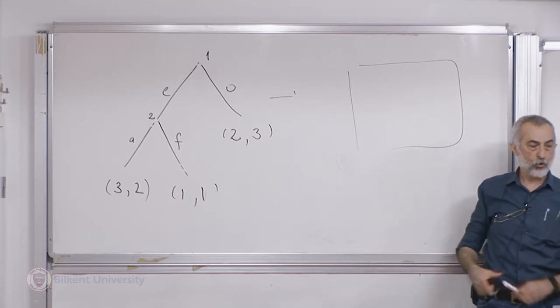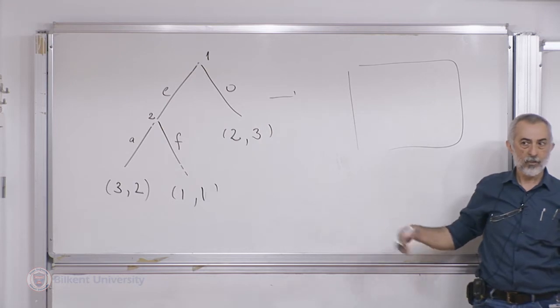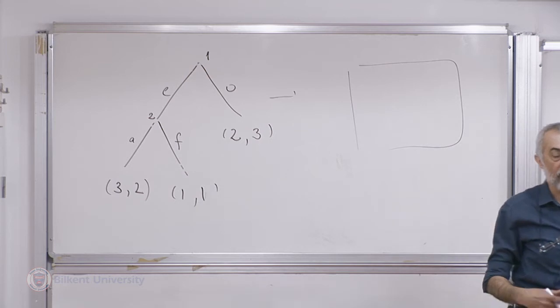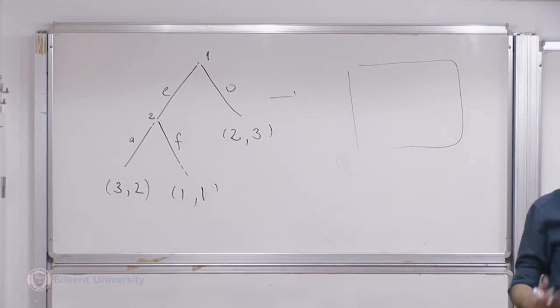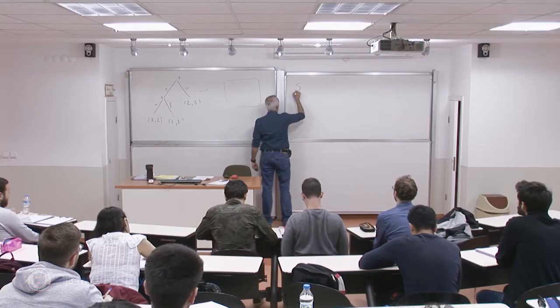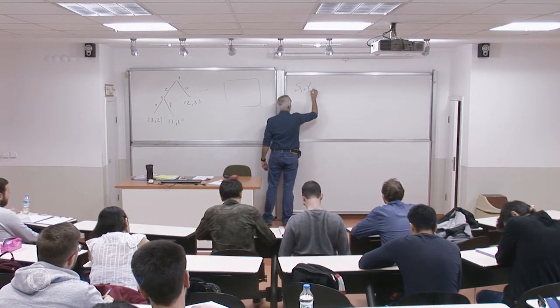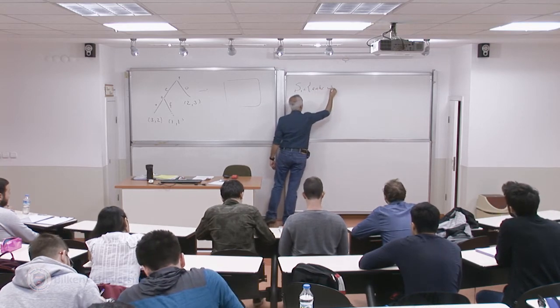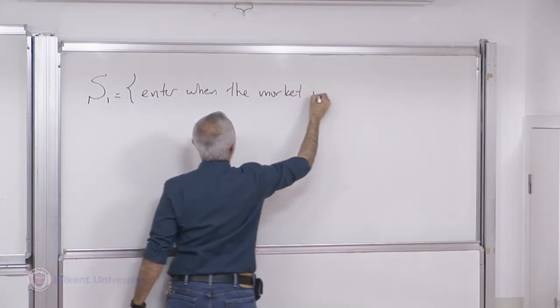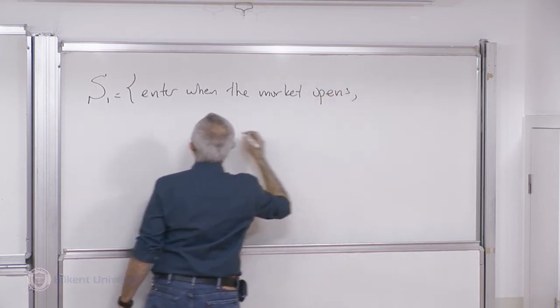Okay? So there are two players, and they make plans. How many plans can firm 1 make? How many different plans of action can firm 1 make? 2, right? Which are? Enter when the market opens, stay out when the market opens. So I can write S1 as enter when the market opens, stay out.